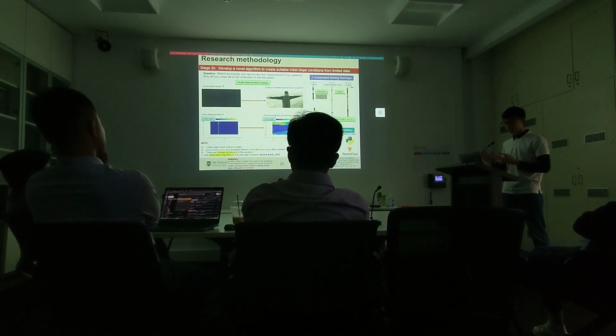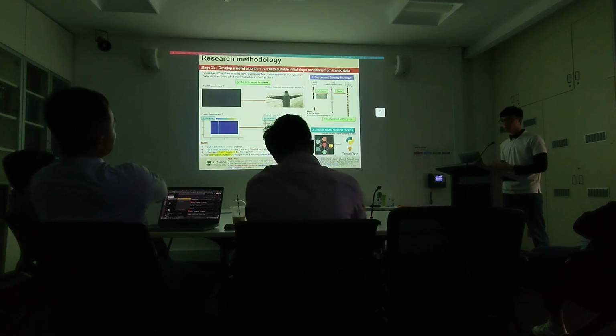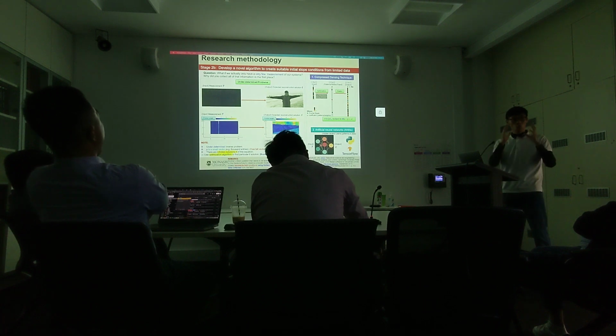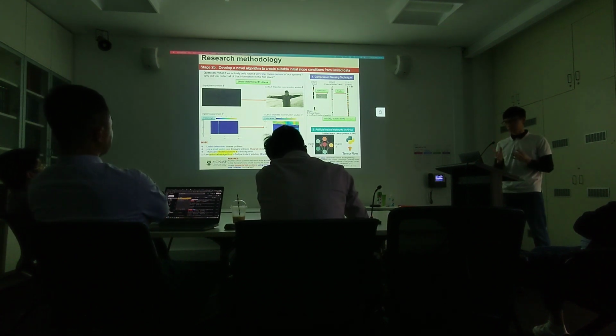So finally, this is where we develop a novel algorithm to create a suitable initial slope condition from limited data. So we ask the question: what if we actually only have very few measurements of our system? Here I'm showing you one example.